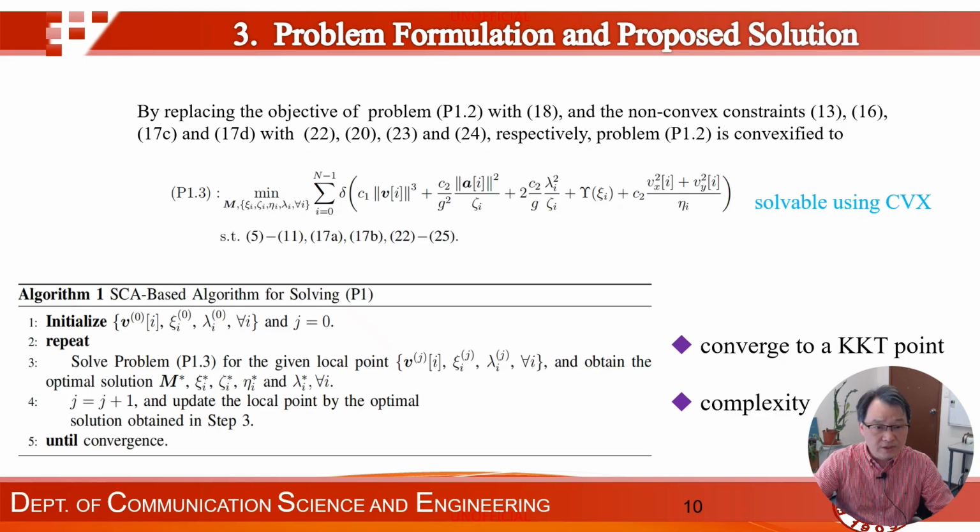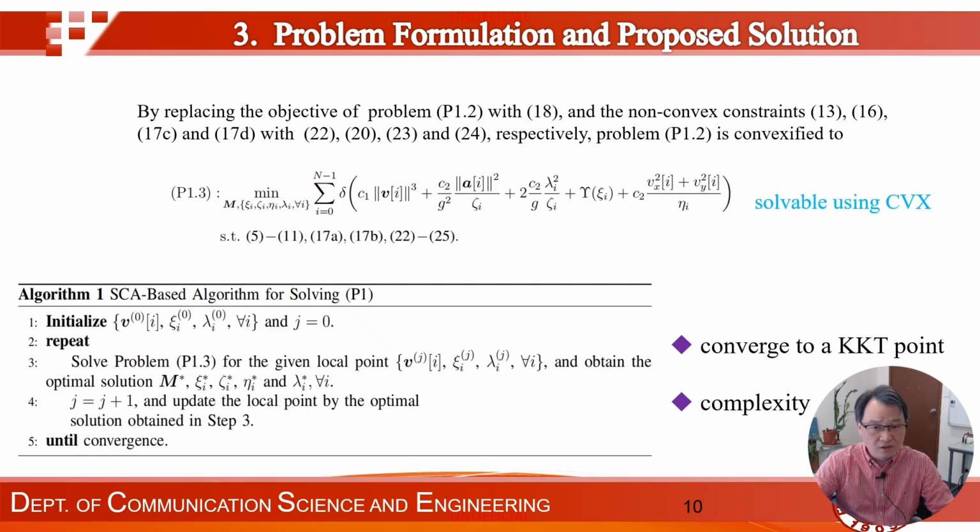The process begins with initialization of variables and then repeatedly solves the convex problem P1.3, updates the solution, and iterates until convergence. The iteration is guaranteed to converge to a KKT point, ensuring the final solution satisfies the necessary optimality condition. So our algorithm, in this sense, is a local optimal algorithm.